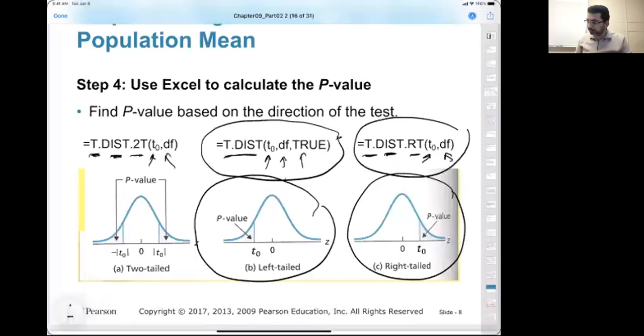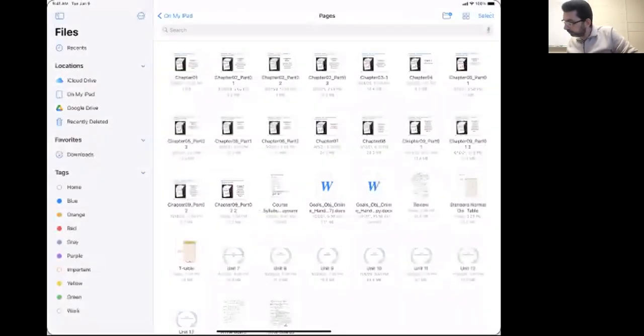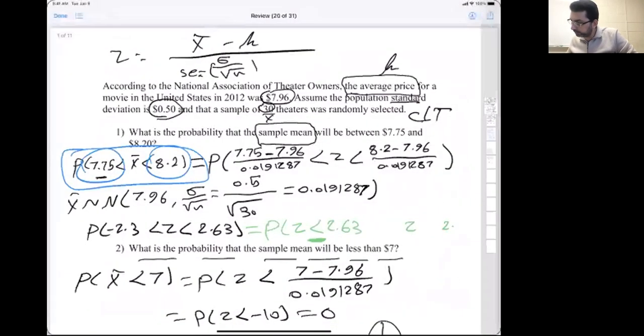So it's very important to know these three functions so you can find the p-value for the test statistic in the mean hypothesis testing in this case. Okay, so let's go back to our review.